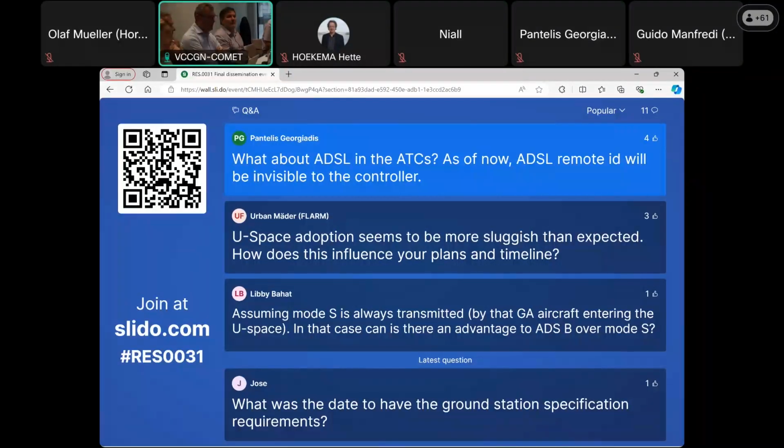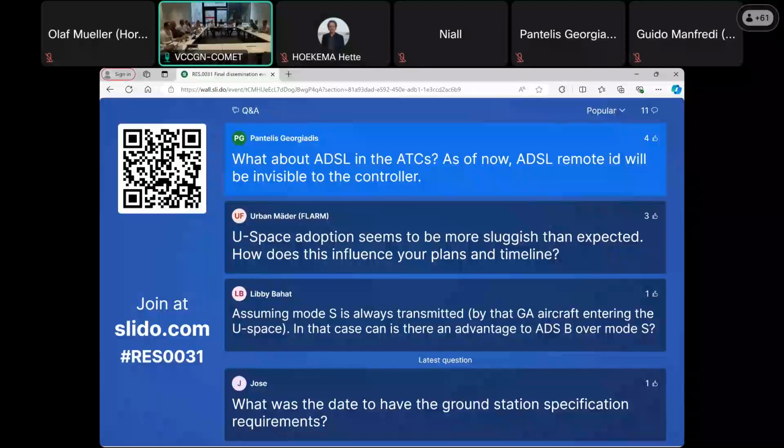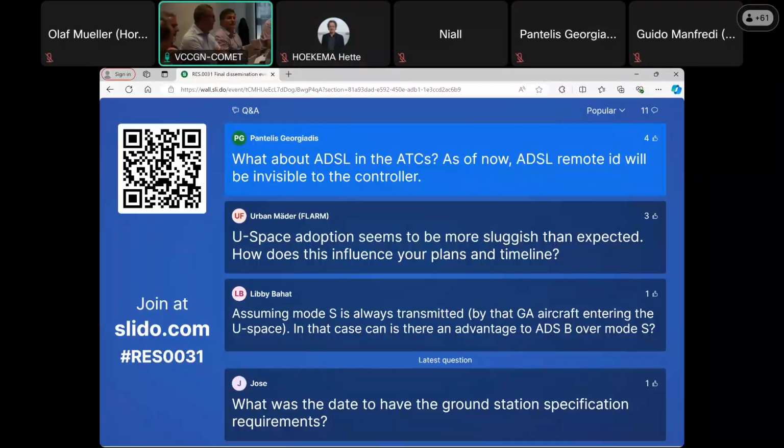However, there is also the other dimension of this question, which is ATC. I can translate it as air traffic control. There is no intention to use the conspicuity function for any credits for air traffic control at the moment. It is not even discussed. I will refer to the primary objective of conspicuity, which is situational awareness.